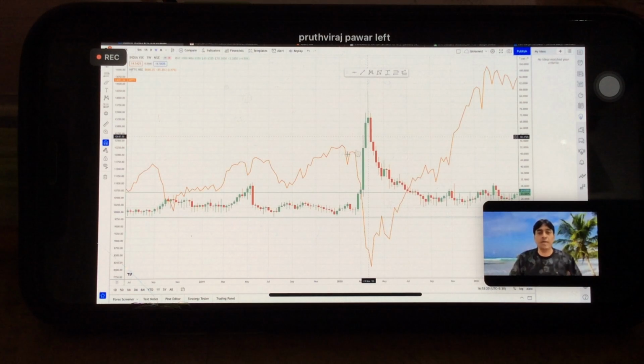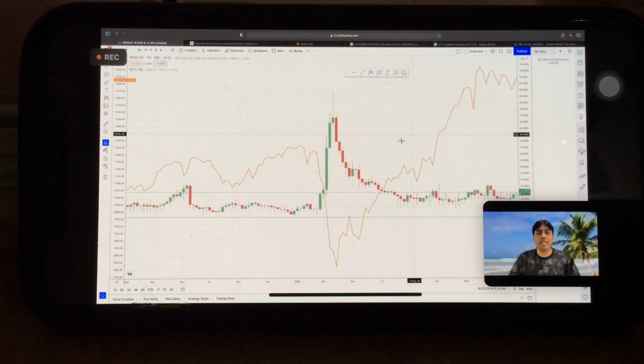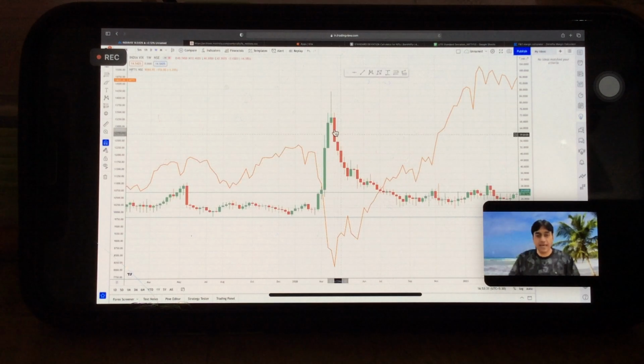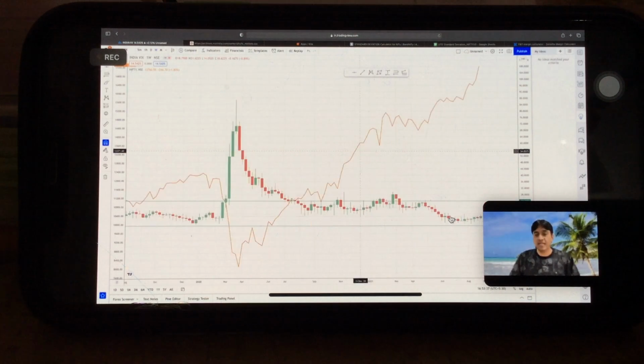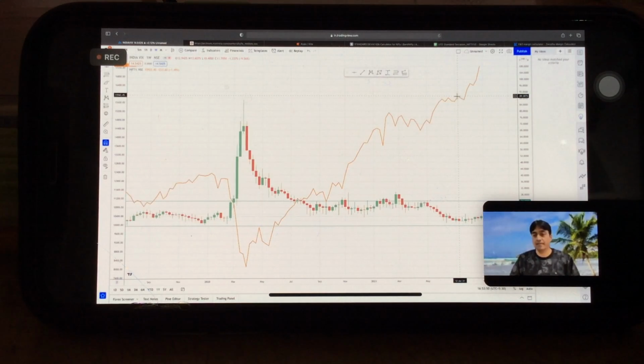Because more people buy puts in fear, to protect their money or to make money even from a bearish market. You can see as IV started dropping, the market started rising. IV was still dropping, so even though it was overpriced here, even though Nifty was 16,000, all were saying it had risen too much.